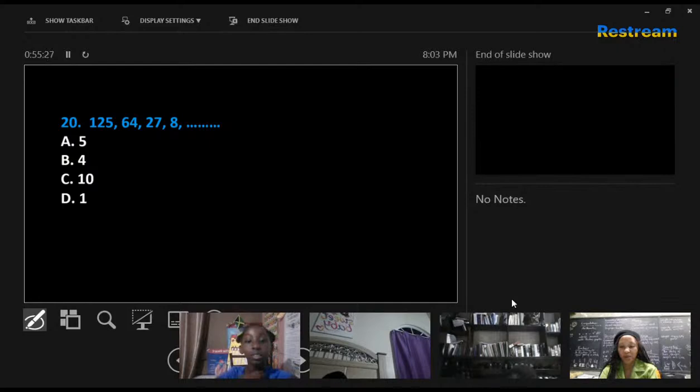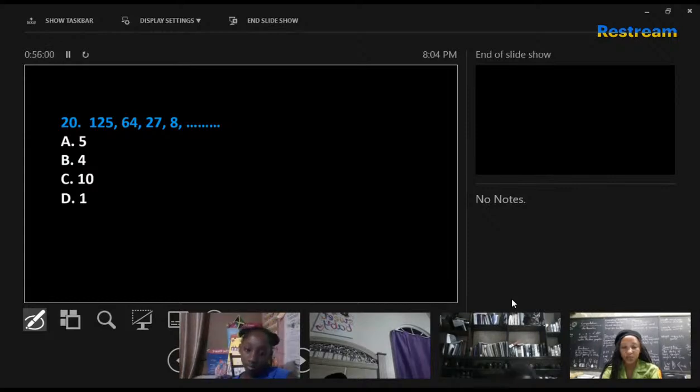Gabby says they are square numbers. No, Gabby, they are not square numbers. They are cube numbers. The only square number up there is 64, which is 8 times 8. But 64 is also a cube number. So 125 is 5 cubed, and 64 is 4 cubed, 4 times 4 times 4. 27 is 3 cubed, 3 times 3 times 3.